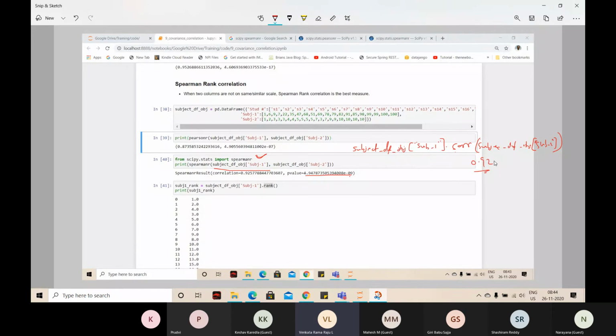Why I am doing that is, this might have happened by chance. Whatever correlation coefficient we got, maybe it is by chance. What is meant by by chance? The data is in such a way that even if you shuffle it, the relationship is there, but it may be strong, it may not be strong.